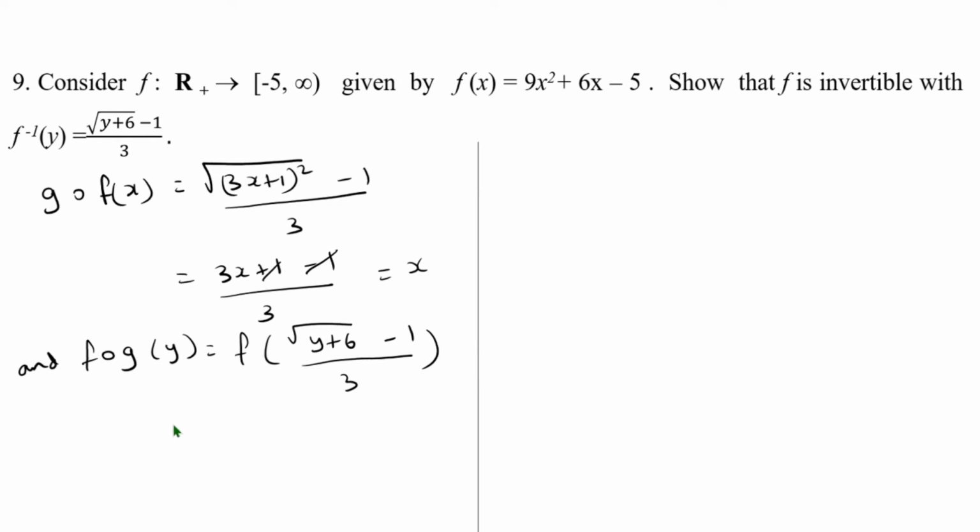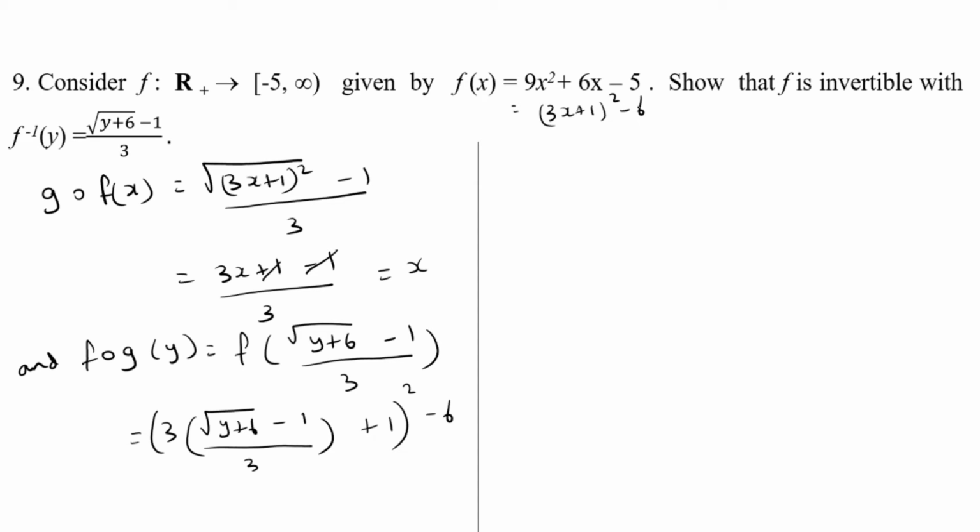So this is equal to (3 × ((√(y+6) − 1)/3) + 1)² − 6, because we got f(x) as (3x+1)² − 6. So here in place of x we have substituted this function.